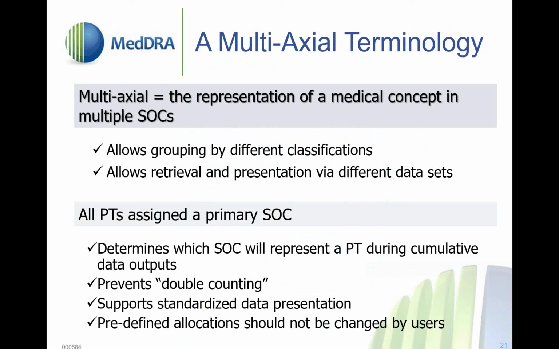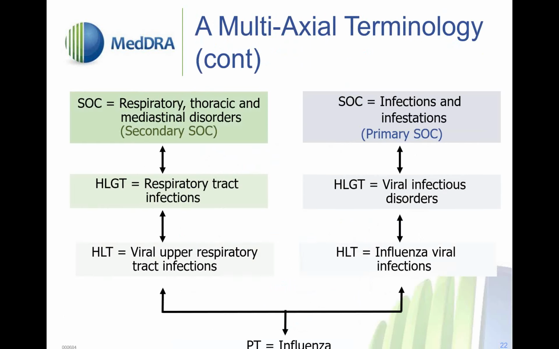And that is a very important part of standardization of data presentations. So it's very important to stress that even if your team was able to make changes to the hierarchy in your organization, please do not change the primary system organ class. It's very important. That's a very important point.